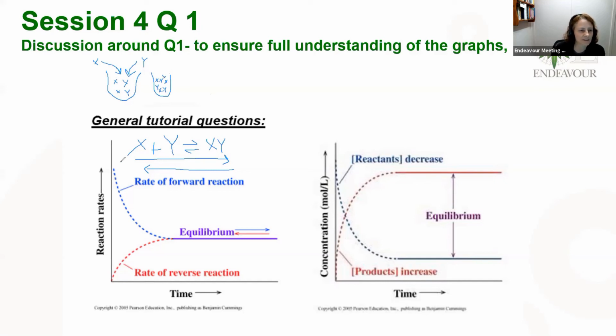And so what this is showing on the graph is that this blue line is the forward reaction. That's where you've put X and Y in the solution, and at first nothing has reacted together, but as time has gone on, they've started to bind. The reaction rate starts really, really fast because there's so much X and Y that hasn't been bound together.